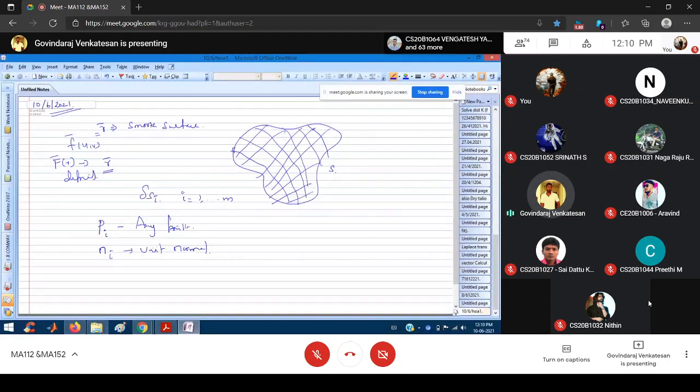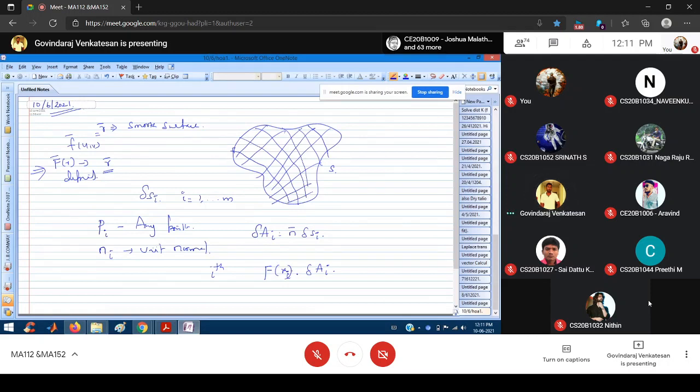Okay, so what about the area of that small region? That is the normal multiplied by delta Si. So already in this region I have defined the vector point function capital F. If I take only the ith region, the value of the component is nothing but F of vector ri dot product with delta Ai.